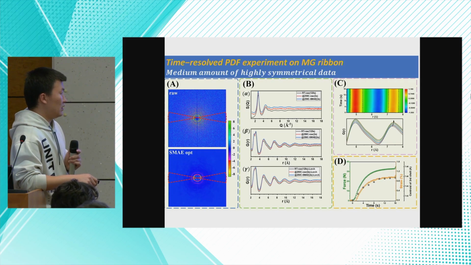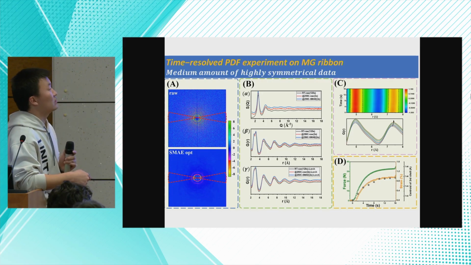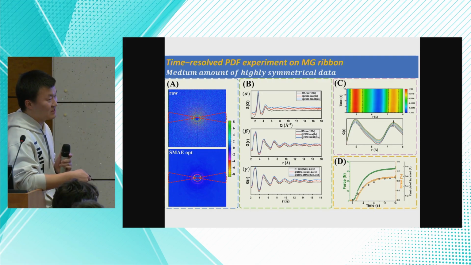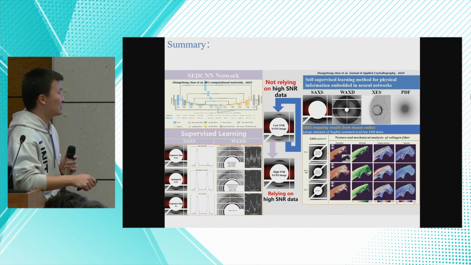So here are three different experiments showing that the SMAE algorithm works. If you are interested in this, and your data has symmetry inside, you can use this algorithm to denoise your data. Finally, this is a summary.